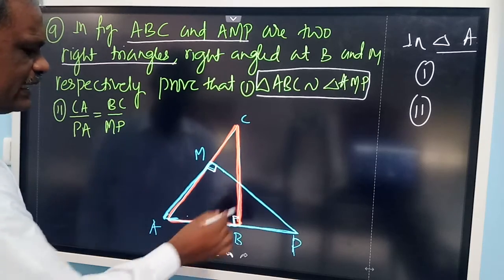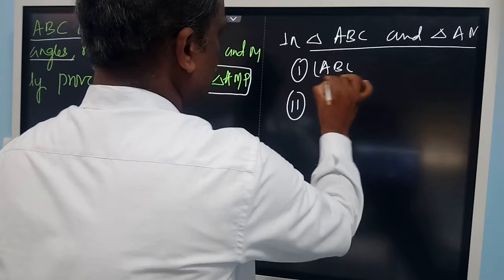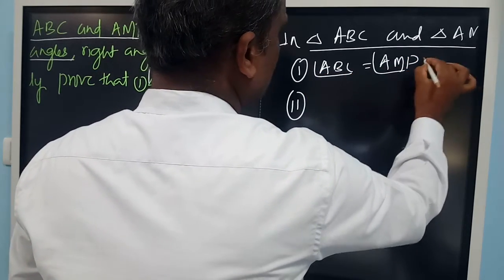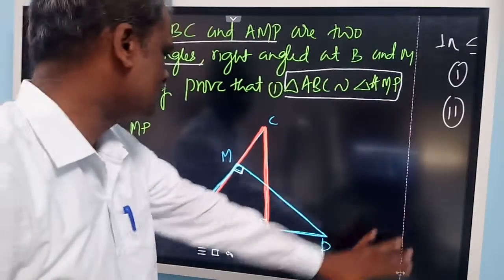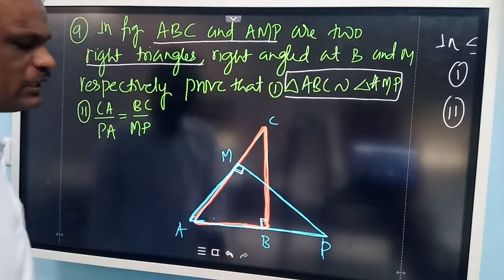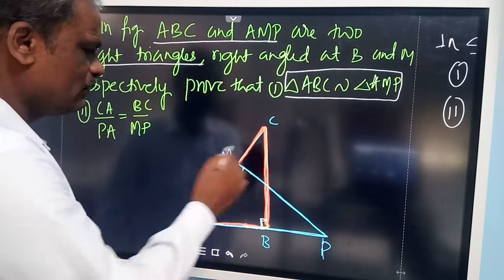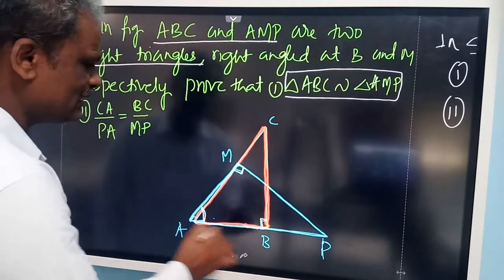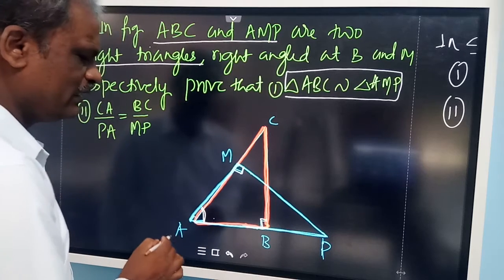Angle ABC is equal to angle AMP. So both are equal to 90 degrees. It is given because both are right angle triangles. Again, look at this, one more angle you have to find out. Can you identify which is that angle in both the triangles? Angle A is common. In triangle ABC, A is there; in triangle AMP also we have A common.